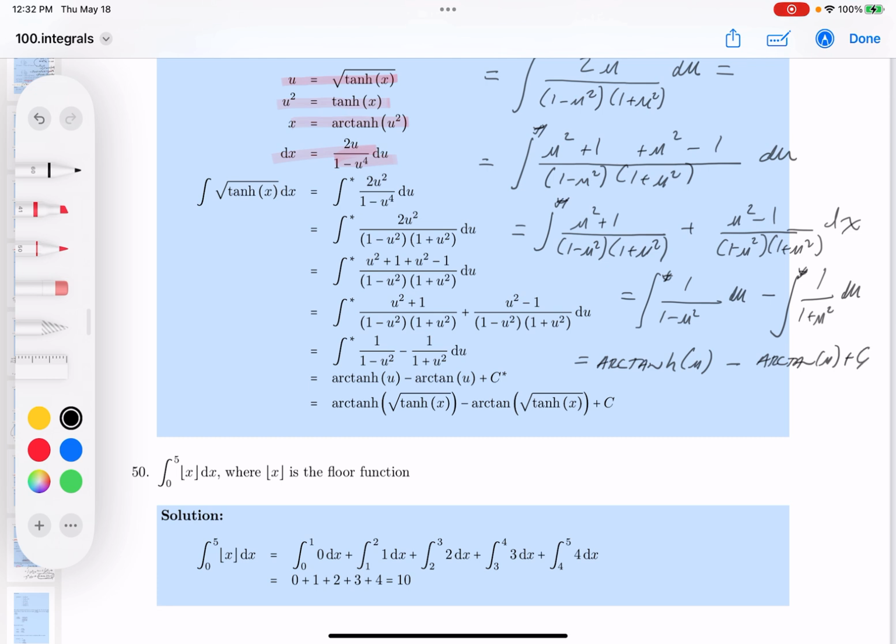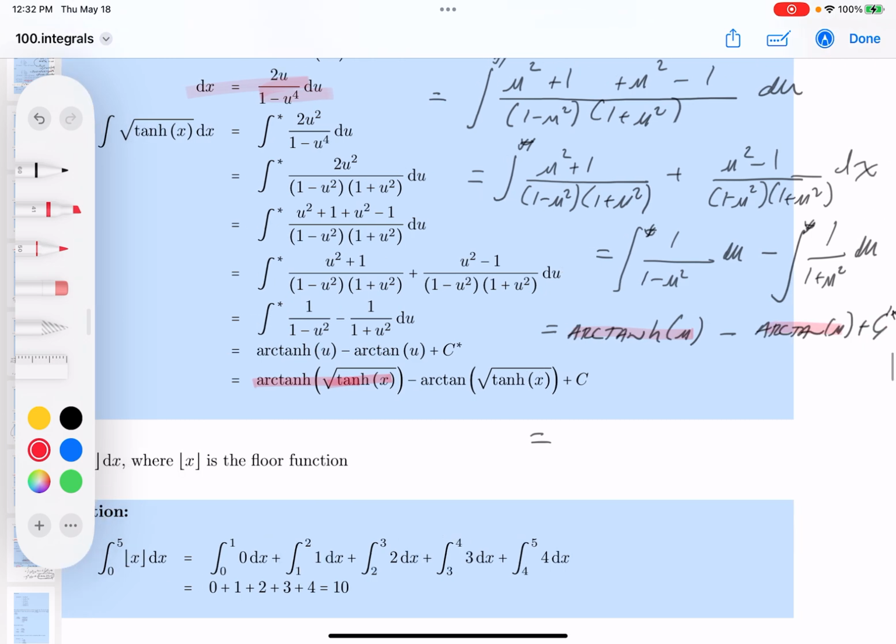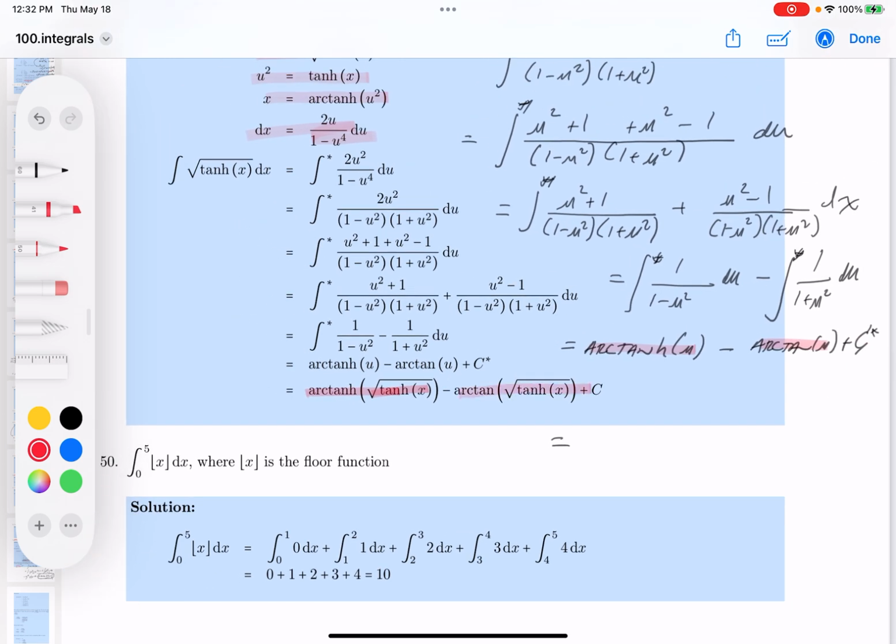Plus some constant of integration. And I got to remember what the u is. Well, it's up here, right? So you write it down. In place of u, you write that over there. Sorry about that. So things are working as advertised, and that's good news. Thank you.